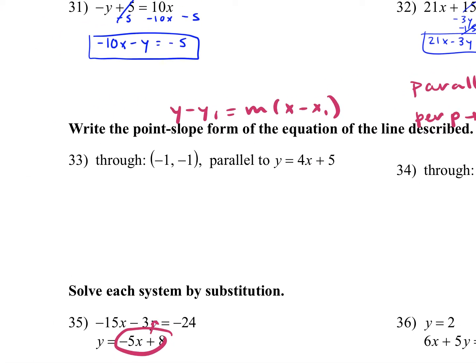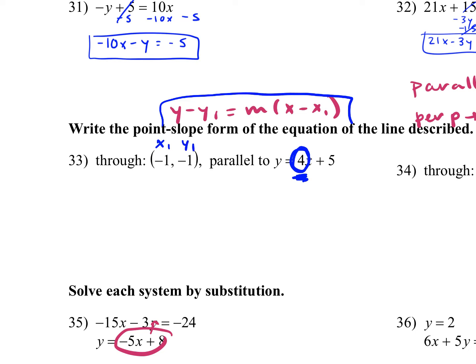Let's look at 33. So write the point-slope form of the equation of the line. So point-slope form is y minus y1 is equal to m times x minus x1. So if my line is parallel to this equation, I'm looking at the slope in this equation, which is 4. If they're parallel, that means my slope in my new equation is going to be the same thing. So it's going to be 4. So then this is x1 and y1.